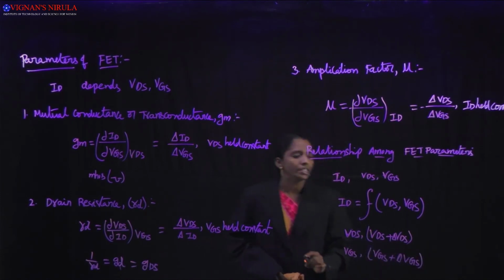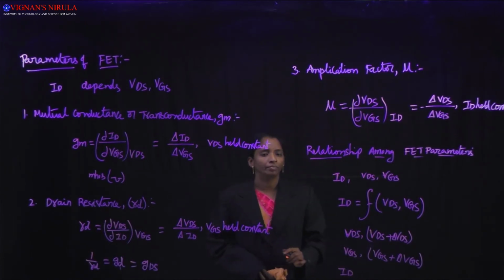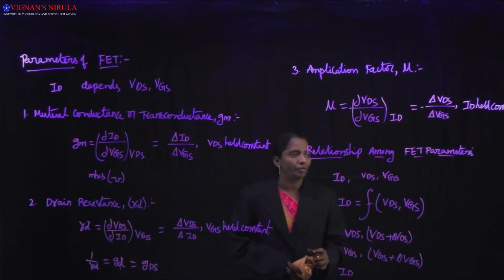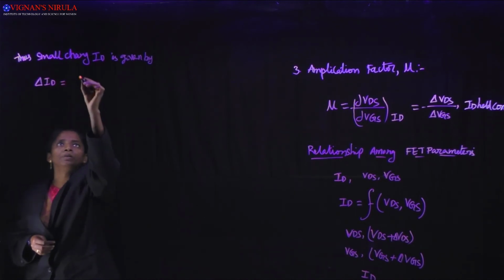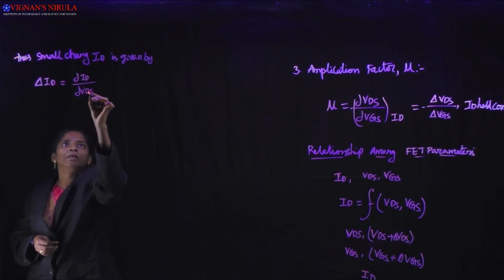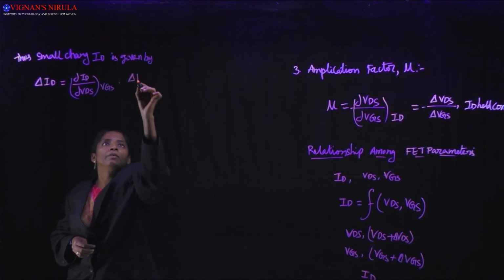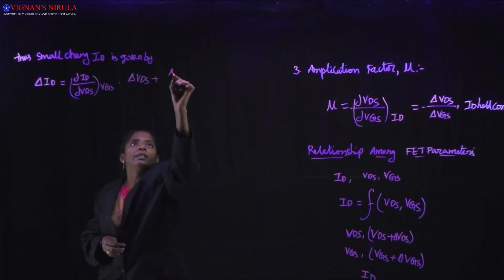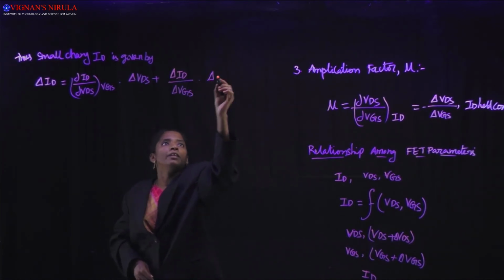Now to get the change in ID, applying Taylor's theorem and neglecting the higher order terms, we get delta ID equal to dou ID divided by dou VDS at VGS constant, into delta VDS, plus dou ID divided by dou VGS at VDS constant, into delta VGS.